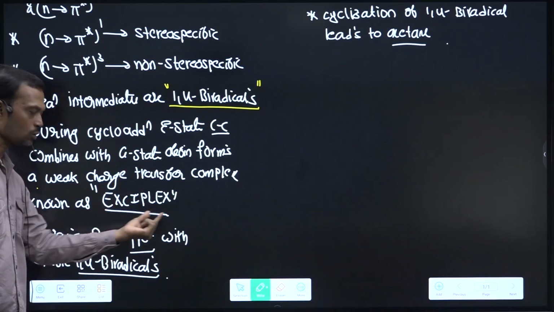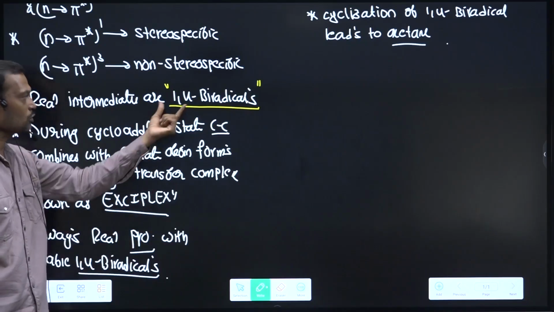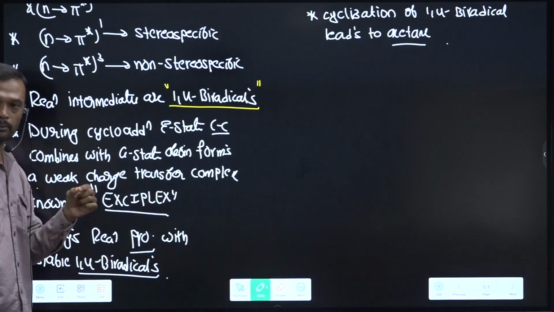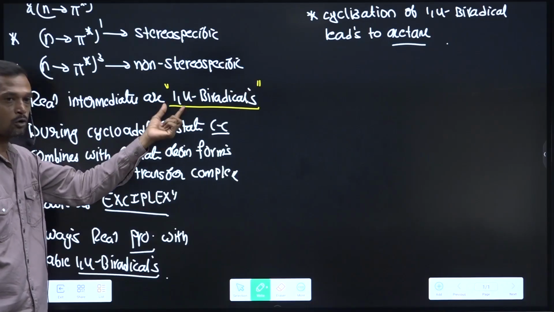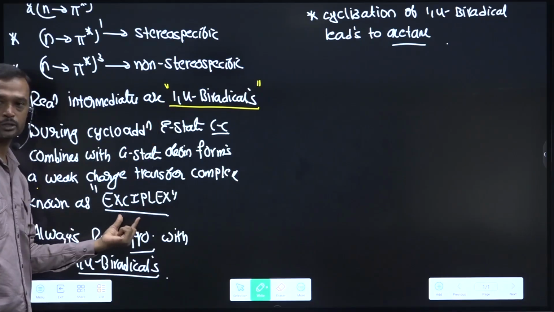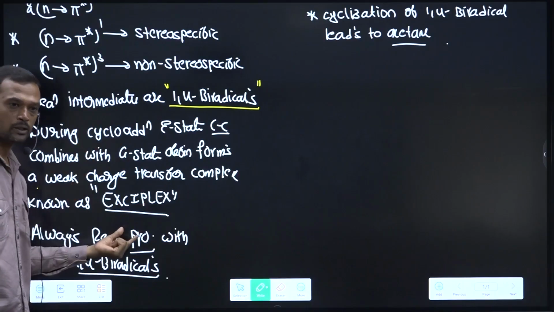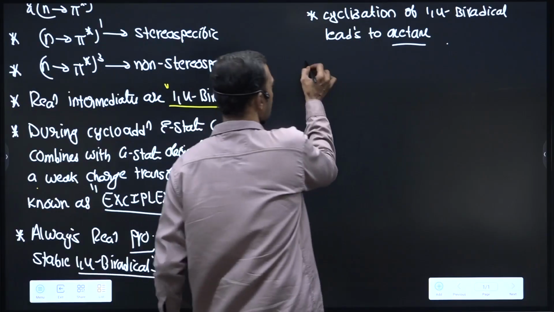That intermediate is called an exciplex. After formation of the exciplex, formation of the radical takes place, and the 1,4 biradical is formed. First excitation, then charge transfer complex, then 1,4 biradical, then oxetane formation.